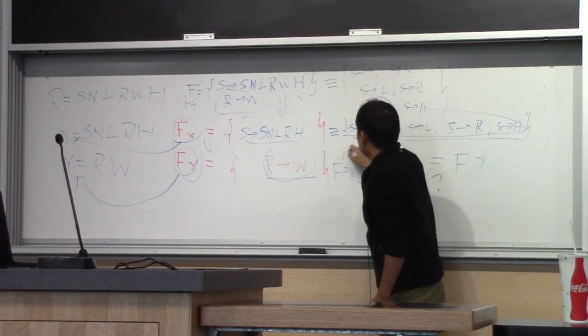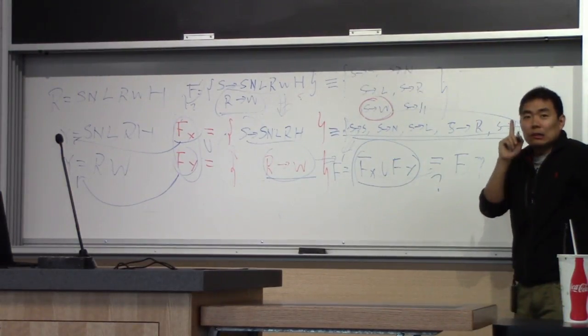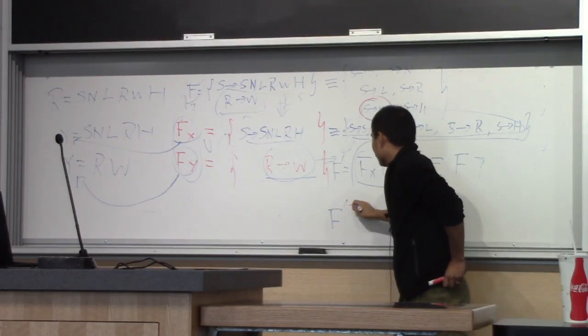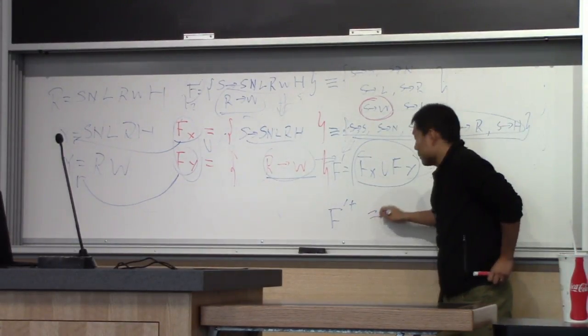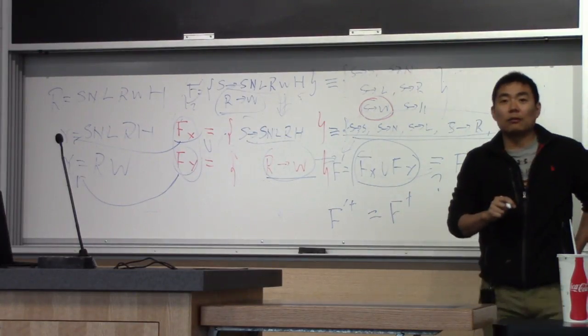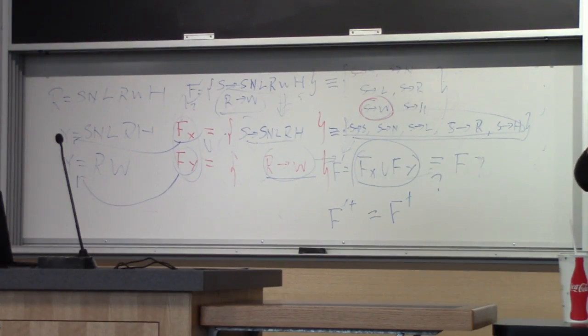Which is all of this plus this, that's in F prime. There is a key observation, which is that the closure of F prime is actually the same as the closure of F. Why is that?